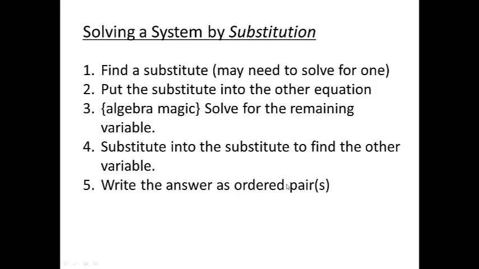Then write the answer as an ordered pair or ordered pairs, depending on how many solutions there are. You can have up to 4 with 2 conics. With 2 lines, you have 1 or none. With a line and a conic, you'll have 0, 1, or 2. And with 2 conics, you can have up to 4.